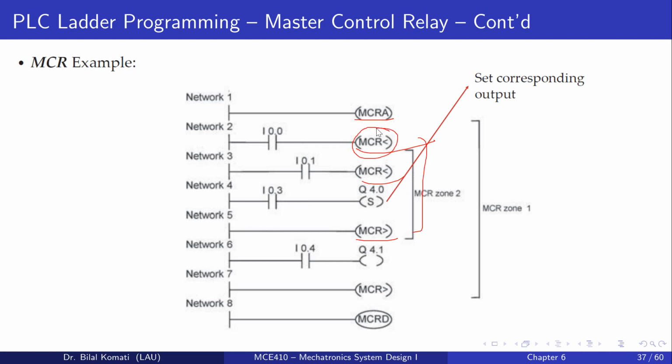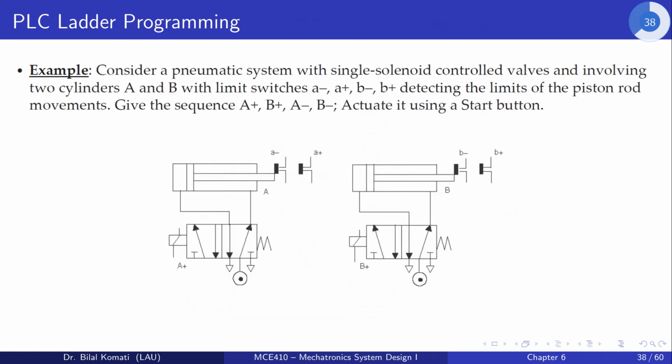If we have two zones here, the first MCR happens in this zone, and the other in this zone, with these symbols, and inside we have an output, and here we have another output. So if we activate the MCR, we will have two zones to be activated, and then we can deactivate depending on the need.